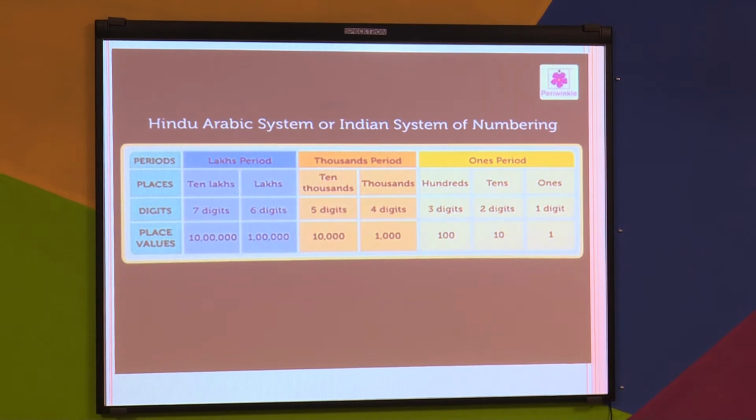According to the Indian place value system, the ones period consists of the places ones, tens and hundreds. The thousands period has 2 places, thousands and 10,000s. And the lakhs period also has 2 places, lakhs and 10 lakhs.